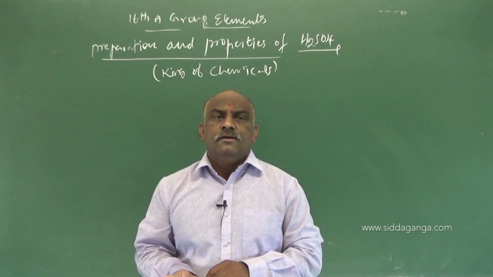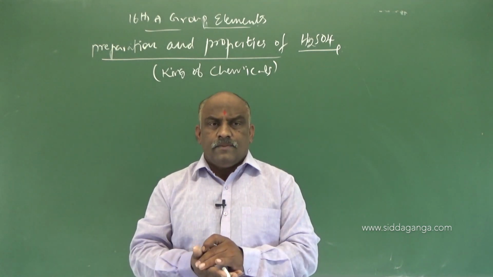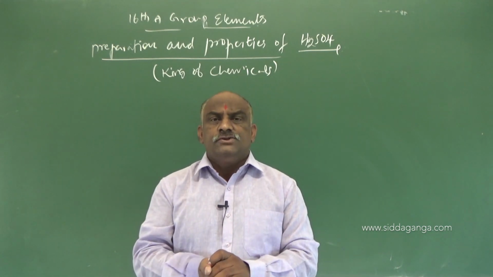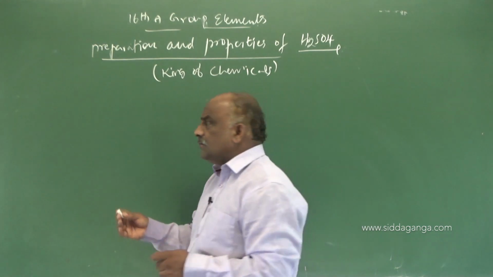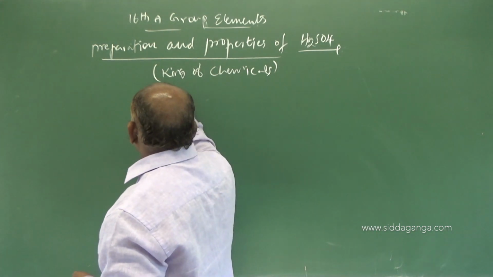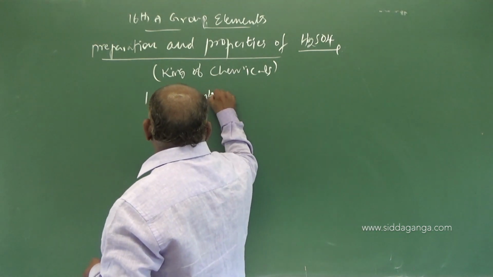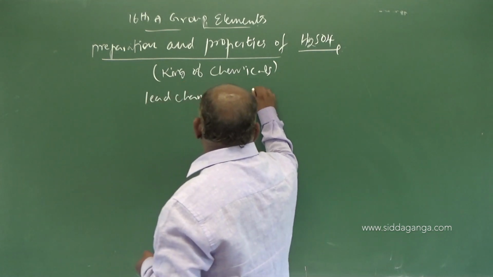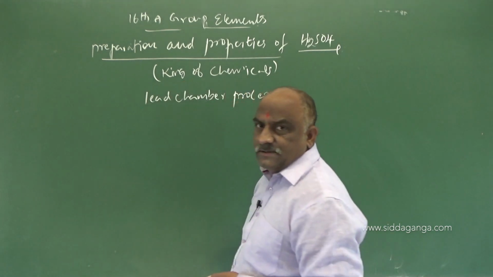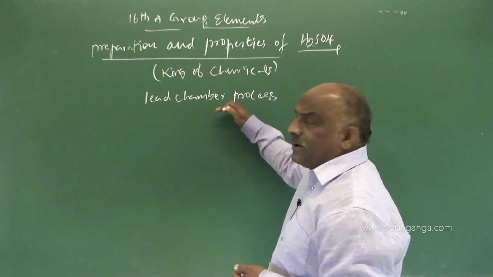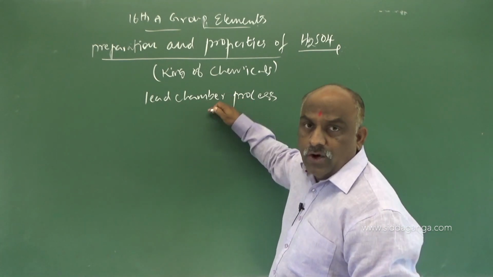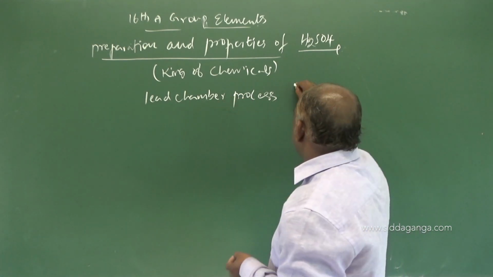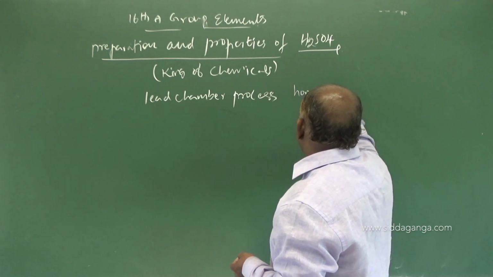Previously, the method used was the lead chamber process. Lead chamber process is an old version. This old version is an example of homogeneous catalysis.